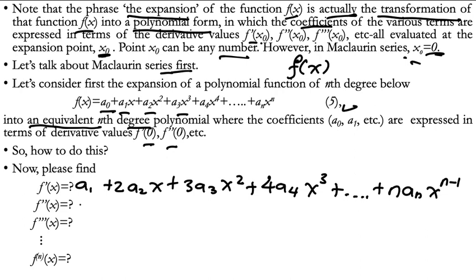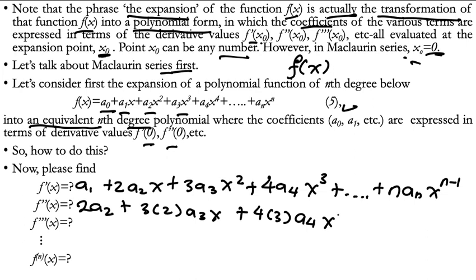For the second derivative, we have 2a2, plus 3 times 2 a3x, plus 4 times 3 a4x squared, plus until n times n minus 1 an x to the n minus 2.